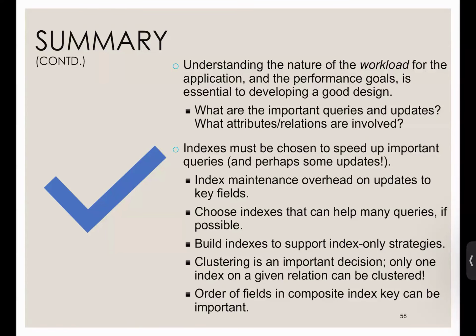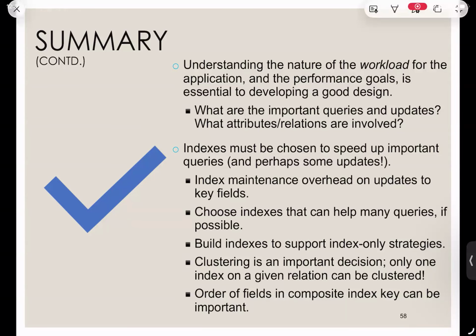So to be able to pick the right choice of index and the right structure for your database, you need to understand the workloads and the queries, like the updates, how much or what type of updates you have, and all the overheads that could happen, like the time and the storage. The index-only strategy is also very helpful, and the ordering of the fields in a composite index actually matters. Okay, so that's about the index.